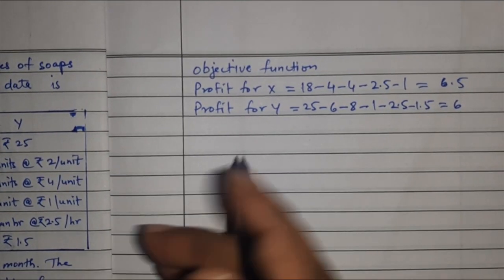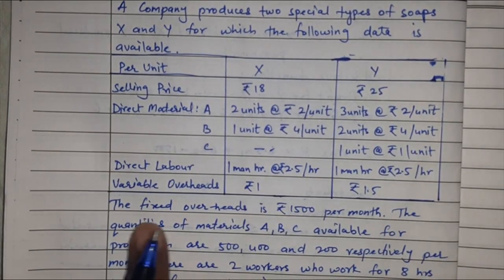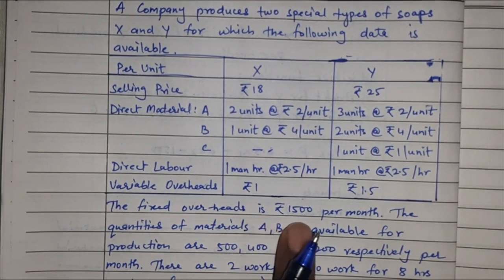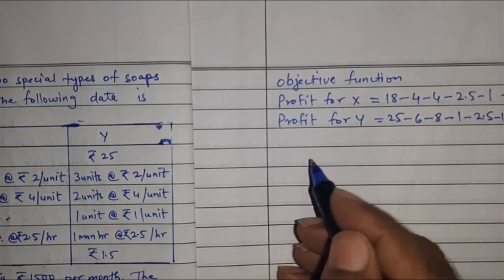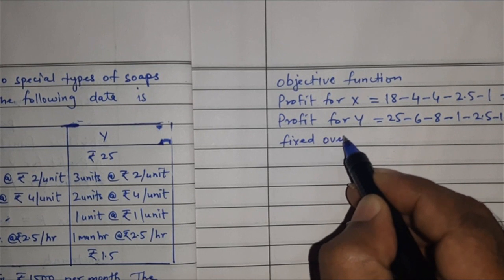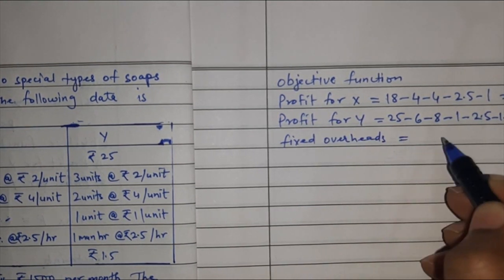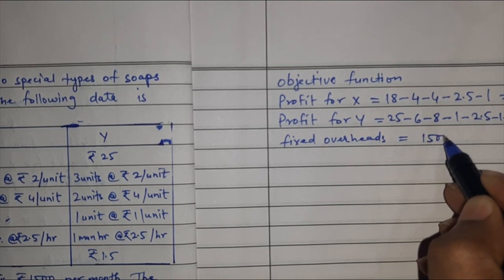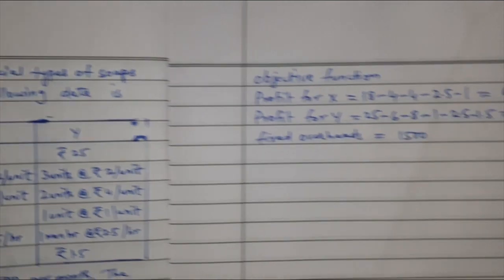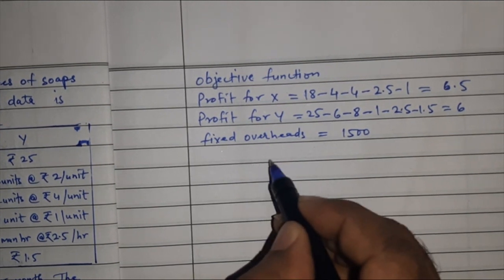Okay. Plus we also have the fixed overhead at rupees 1500. Fixed overhead equal to 1500. Okay. Using these three pieces of information, I can write my objective function.